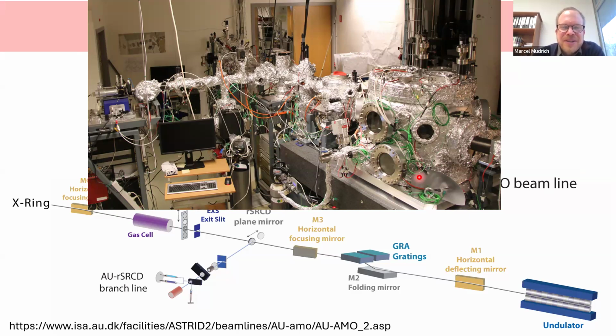We are talking about 10 to the minus 10, 10 to the minus 11 millibar of residual gas pressure, so very high vacuum. And to reach very high vacuum, the only way is to bake the whole apparatus. By baking, I mean we heat up all the pipes, all this vacuum tubing to something like 200 degrees for a few days.